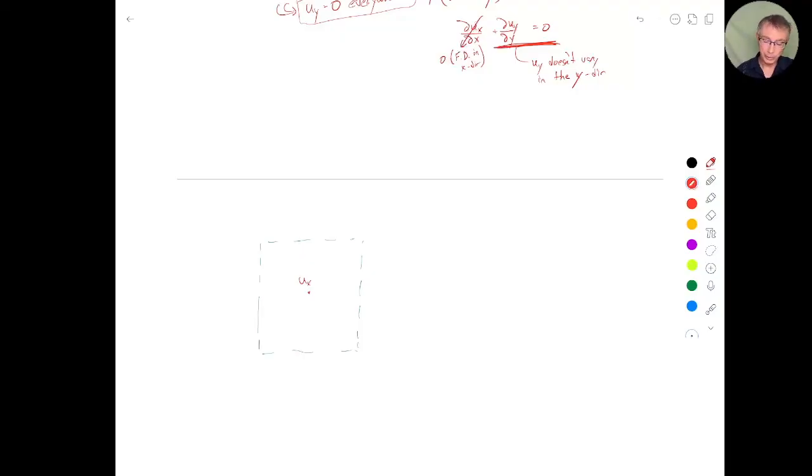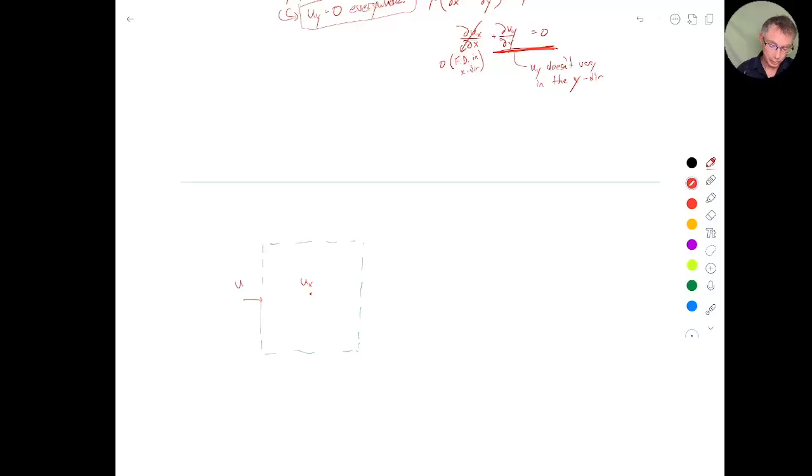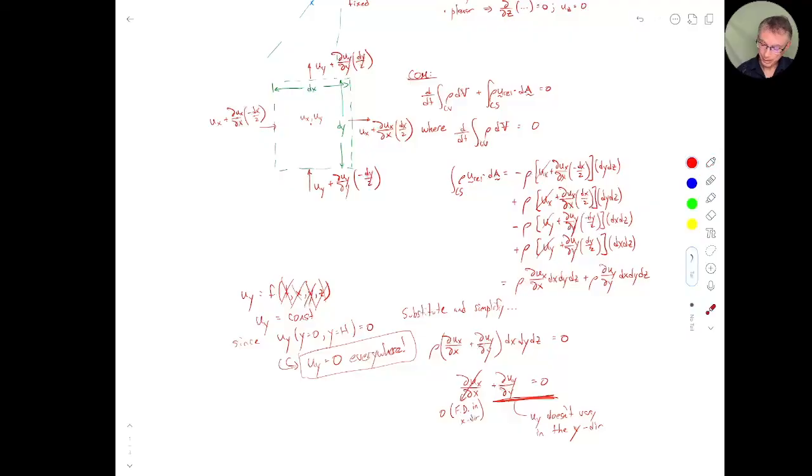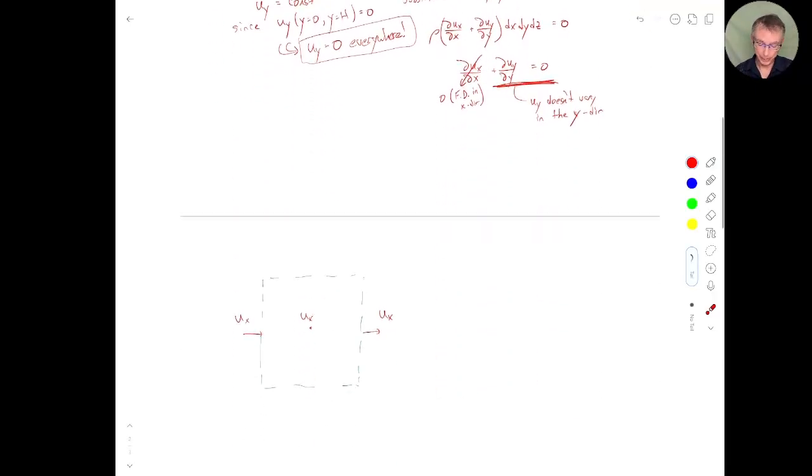And since we said that the flow was fully developed in the x direction, that means the velocity over here is also ux, and the velocity over here is ux. Because, going back up here, we said that there is no change in the velocity in the x direction because it's fully developed. So these terms here are 0, so it's just ux everywhere.